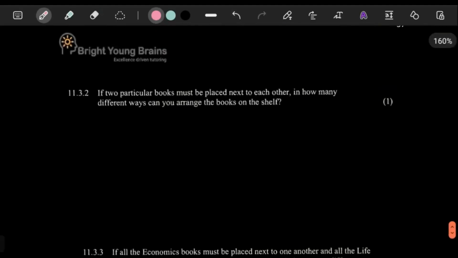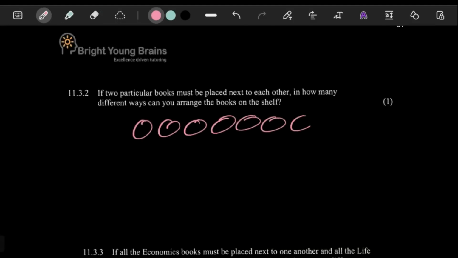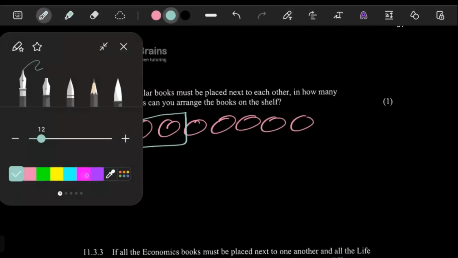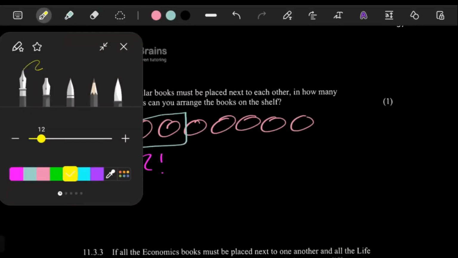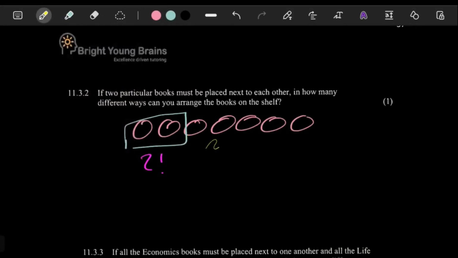11.3.2 says if 2 particular books must be placed next to each other, in how many different ways can they be arranged? In that case, you have 7 positions. If 2 are stuck together, these 2 can be arranged in 2 factorial ways. And you look at them as one object. So you have 1 object, 2, 3, 4, 5, 6 objects.